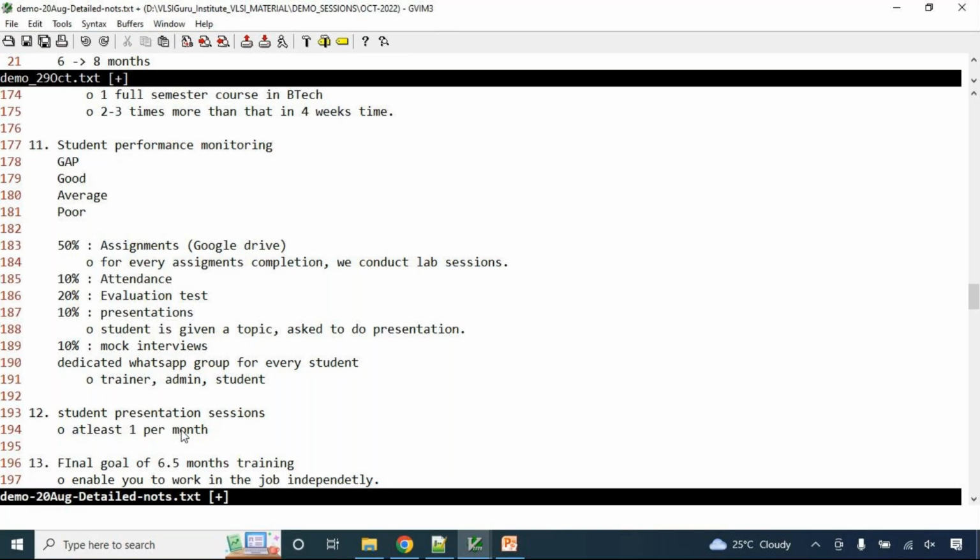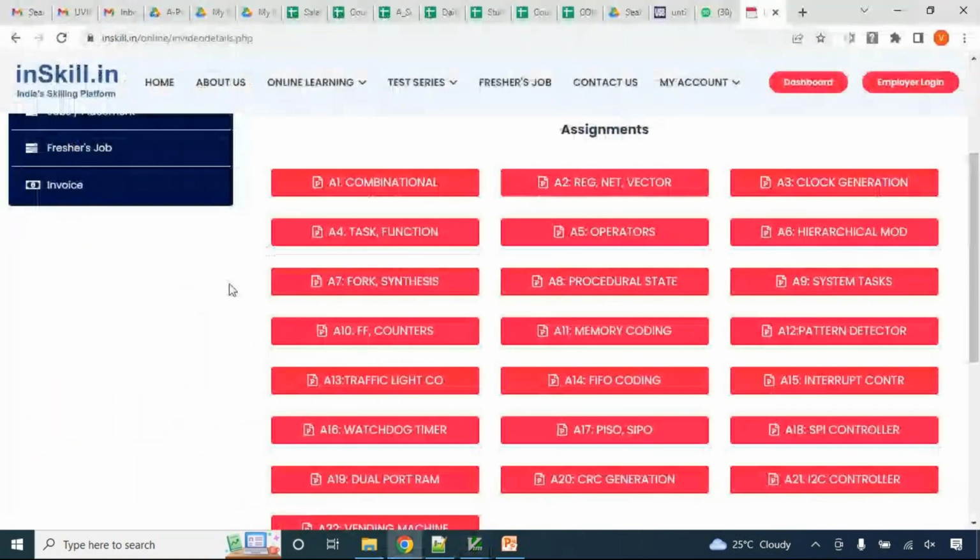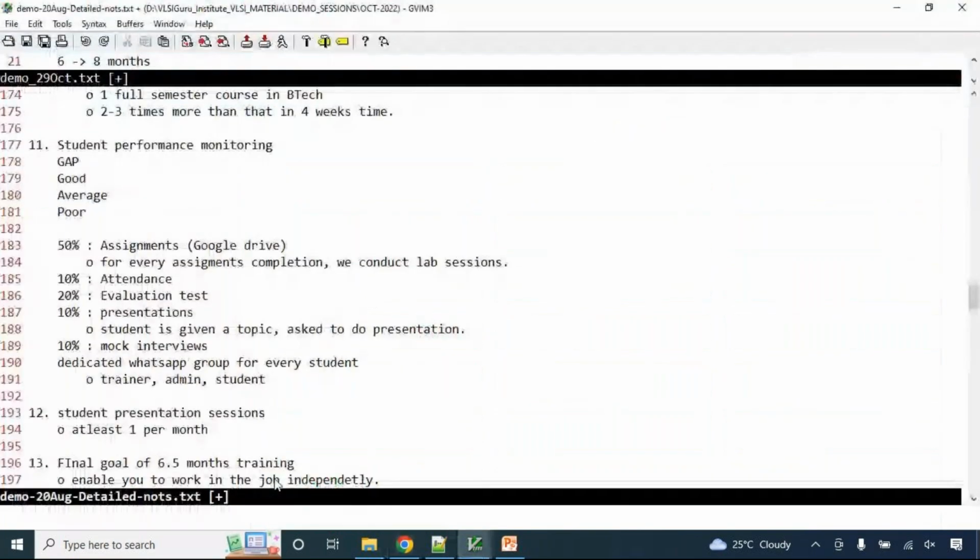Not like every 10 minutes you go to your senior person and ask what to do here, I don't understand. They don't like it, because if they can do it, then why do they need you? They would rather do the same work themselves. So the training, all these assignments, everything we are doing is in this direction, to make you do things independently.